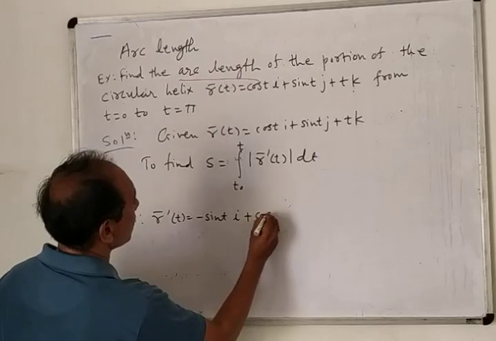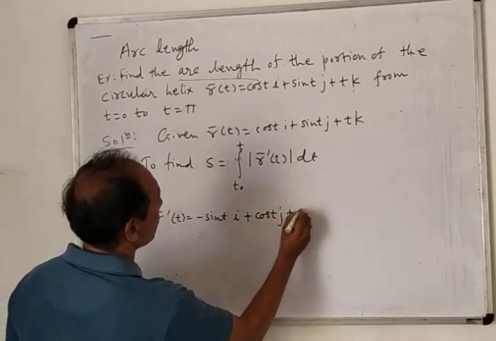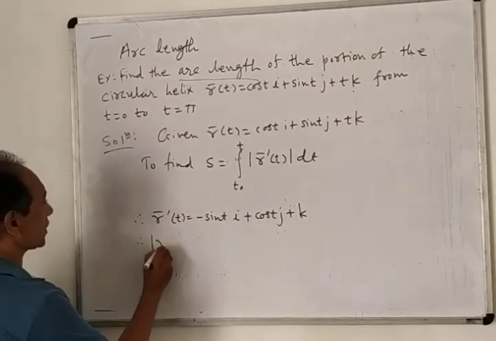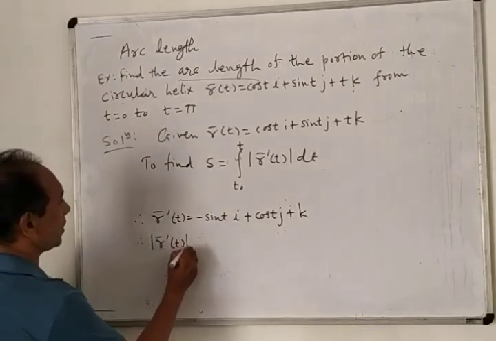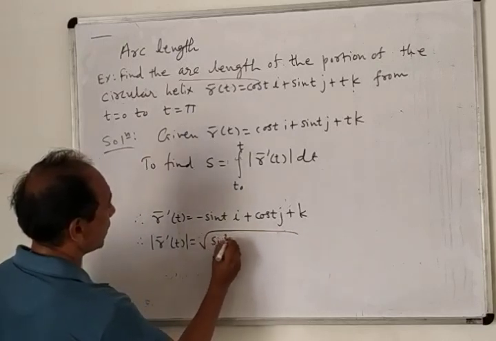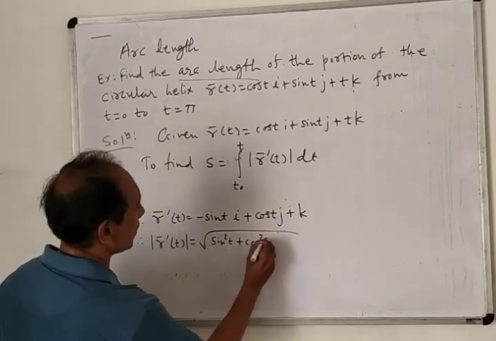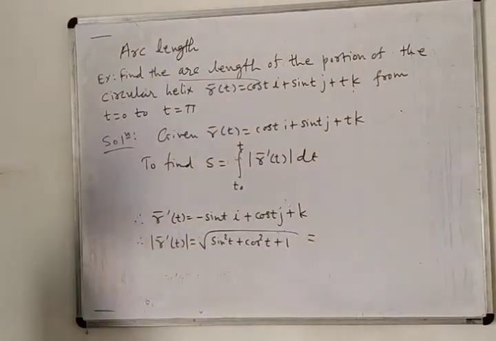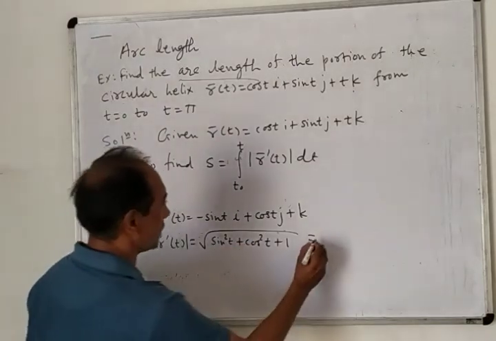The derivative of sin t is cos t into j. And the derivative of t is 1, so plus k. Therefore modulus r bar dash t is the square root of sin square t plus cos square t plus 1. But cos square t plus sin square t is 1, so 1 plus 1 is 2. So it is root 2.